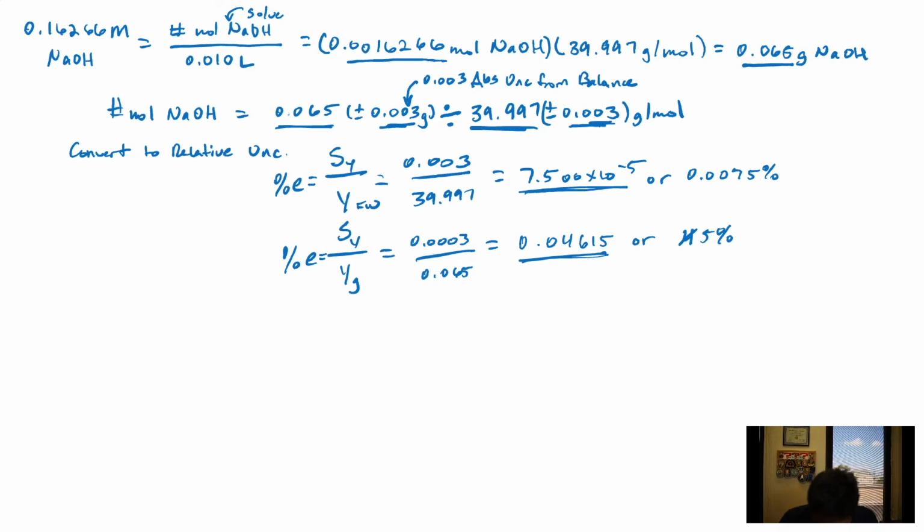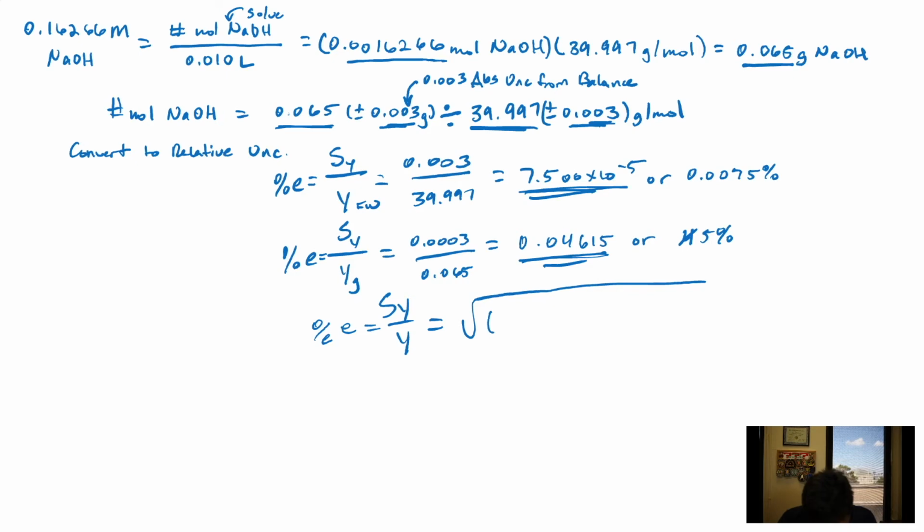That's when we have to do our equation. So now percent E equals Sy over y, the square root of all the relative uncertainties, which is this one and this one, squared, plus each other, square root. So we'll put it in there.